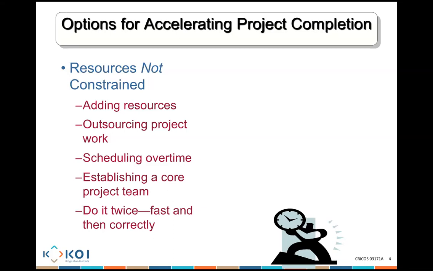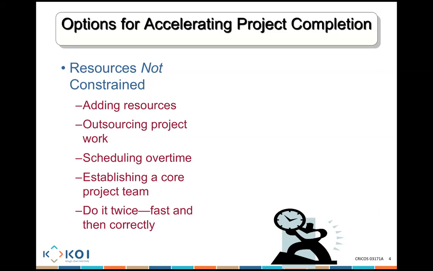Get more people, get more machines, get whatever needs to be done to get the project finished quicker. If I don't have constrained resources, I could outsource the work to someone else externally to get it done.